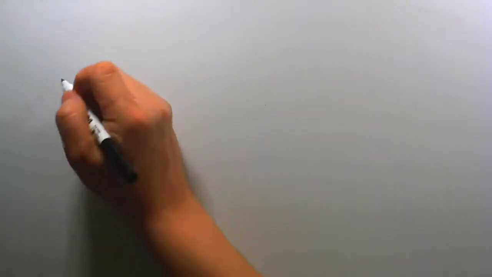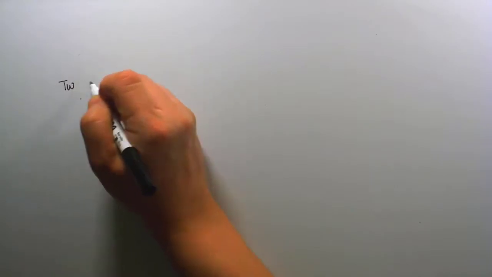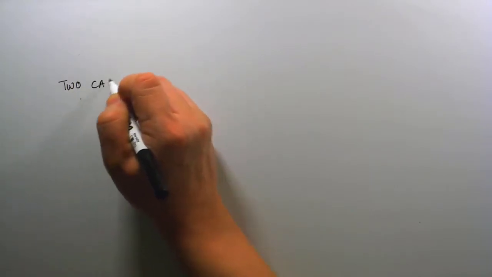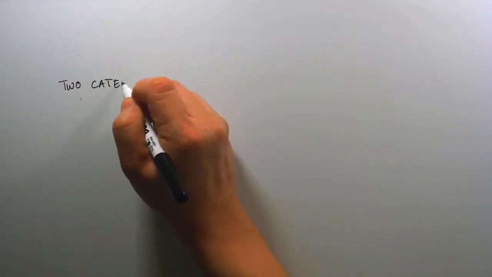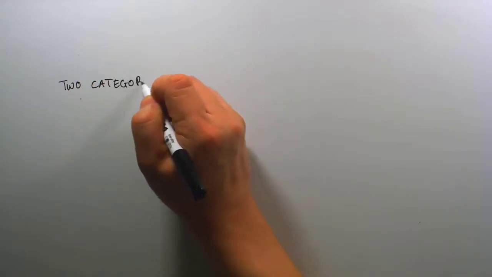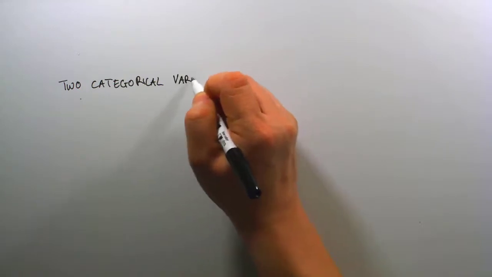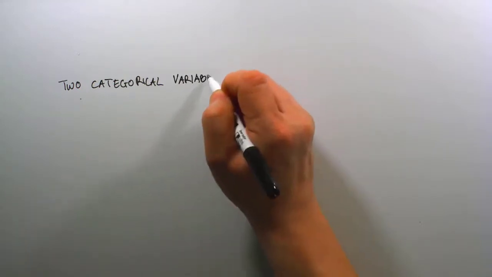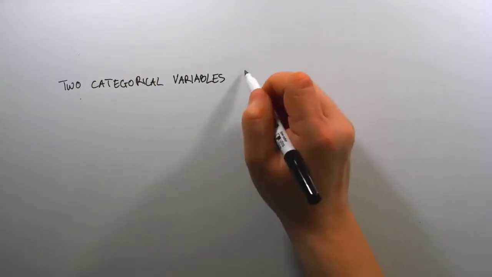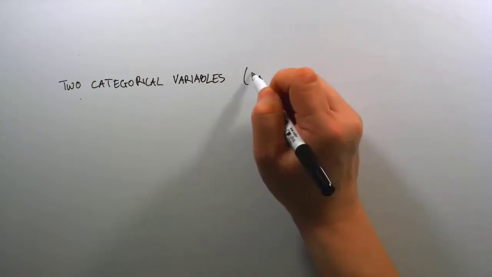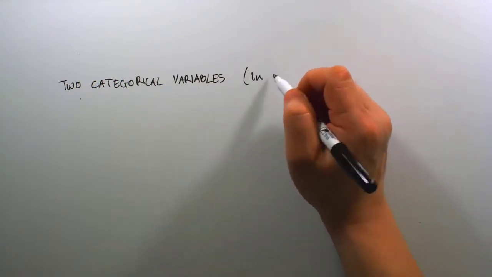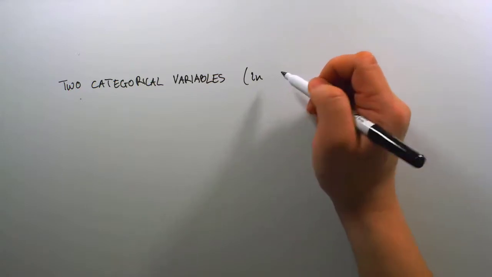And so, two categorical variables. Okay, and of course, within our study here, we're studying that through a two-way table.